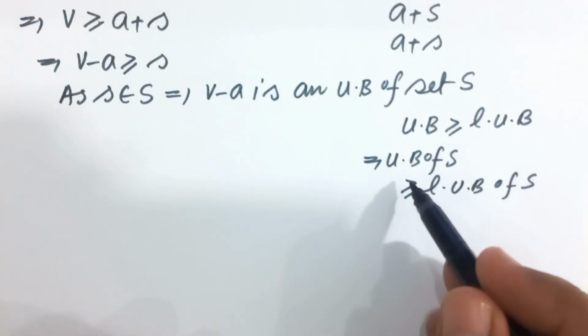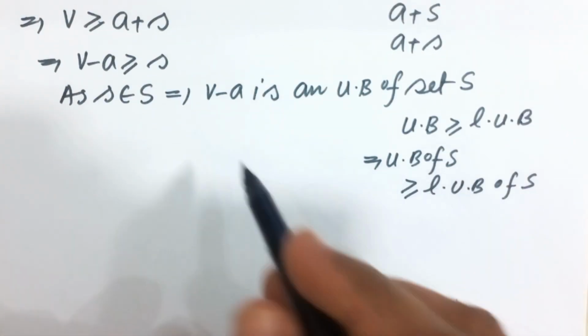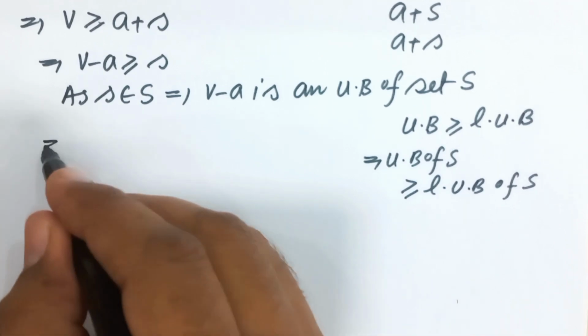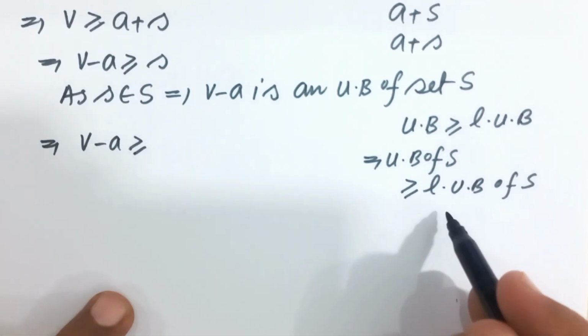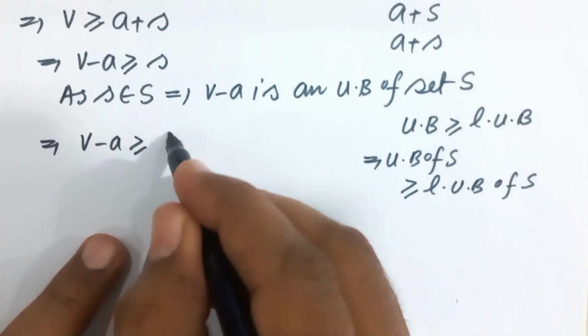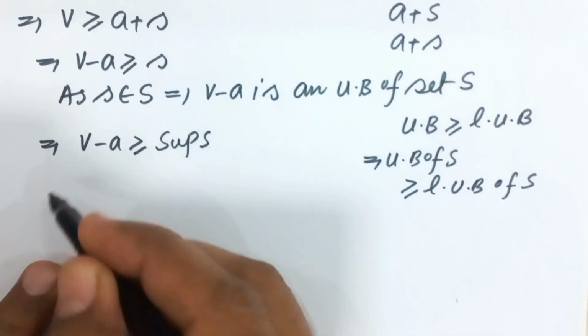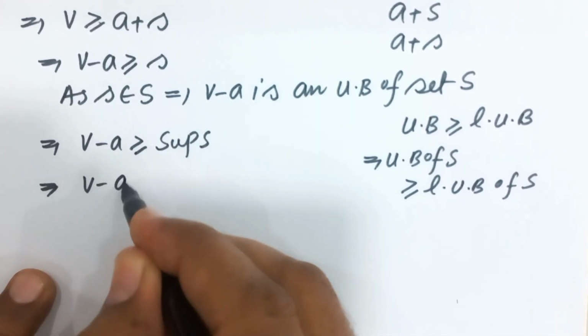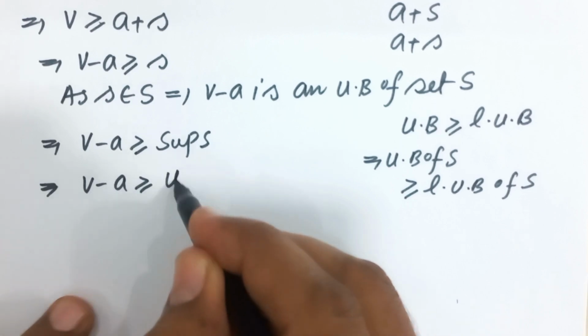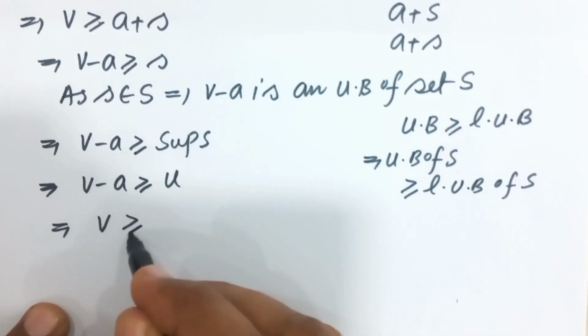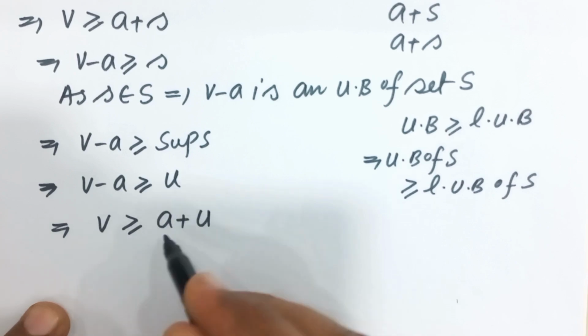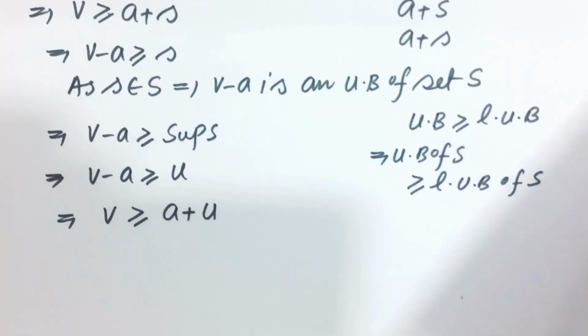It means the upper bound of S, that is now V minus A, is greater than or equal to the supremum of set S. This implies V minus A is greater than or equal to U. By adding A on both sides, V is greater than or equal to A plus U. That was our target to show.